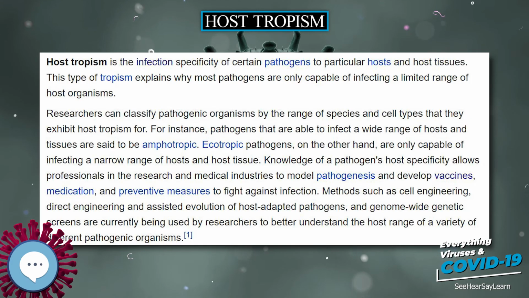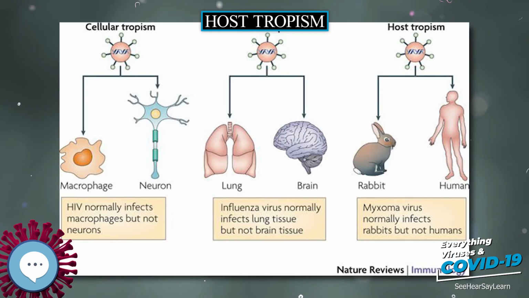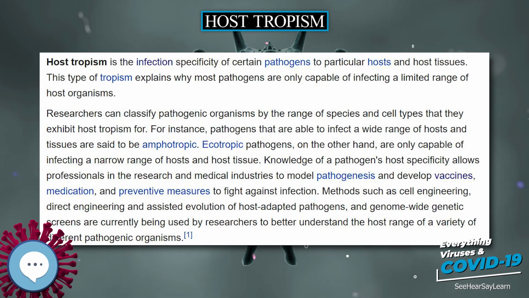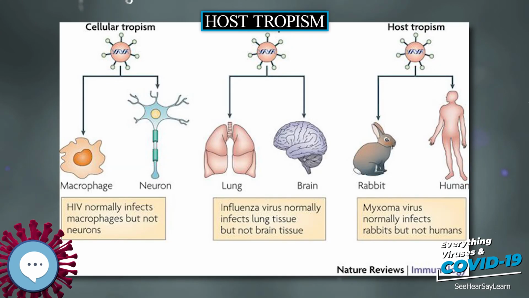This demonstrates an example of how cell surface receptors can affect the tropism of a viral pathogen. Since humans are the only organisms that have cells with these receptors, HIV only displays host tropism for humans. Simian immunodeficiency virus, SIV, a virus similar to HIV, is capable of infecting primates.